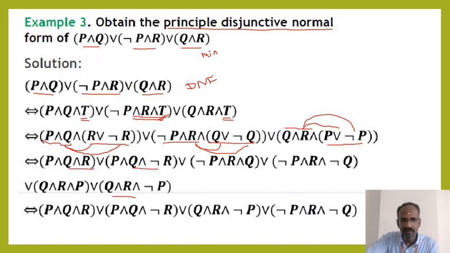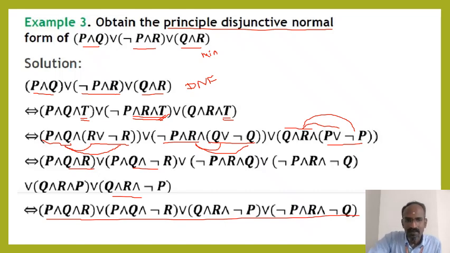So this becomes a sum of products canonical form, or sum of the min terms. Out of the six, two min terms are repeated, so we just omit the repeated terms and keep only one of each. We get the final sum of the min terms, which contains four terms.